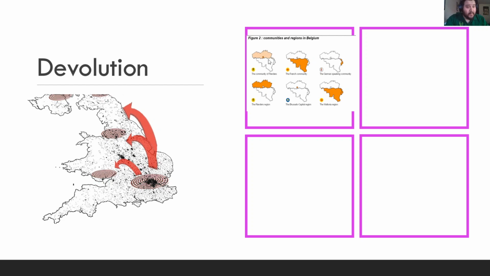So there's still a national government that has large scale control over national economic policies, military policies, etc. But each of these subunits that we can see here can create laws about language that's being used, official languages for that particular district, schooling, taxes, healthcare, etc. Those are left up to these areas. Those powers are devolved from the national government.